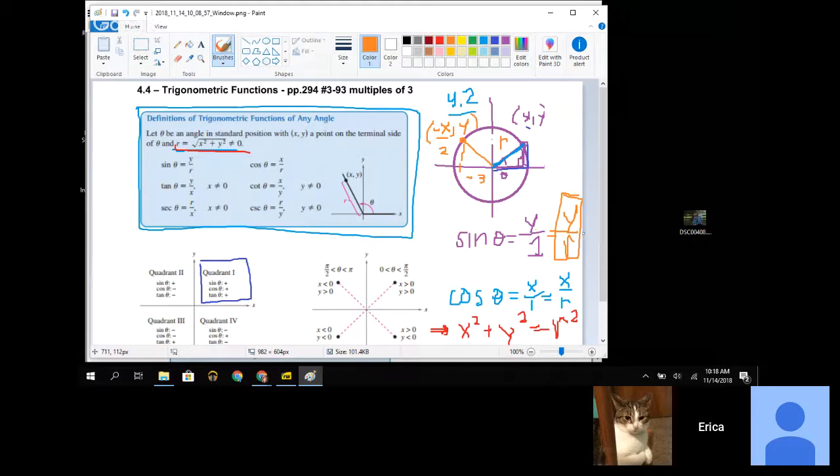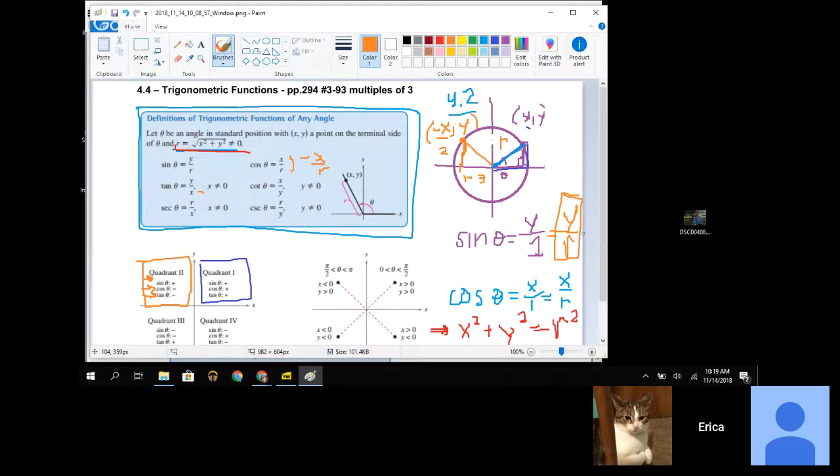So when you take the cosine, which is your x over your radius, and that x is a negative value, the cosine is negative. And then when you take the tangent, one of the terms is negative, so the tangent is negative. The sine, though, is part of the y component, and the y is positive. So in quadrant 2, the sine is positive, the cosine and the tangent are negative.